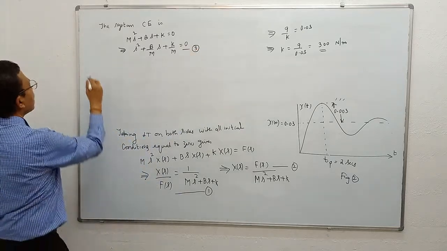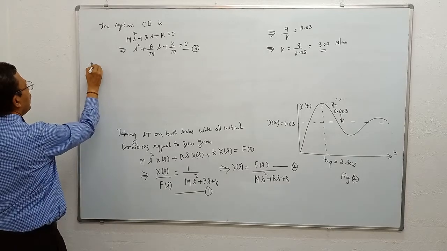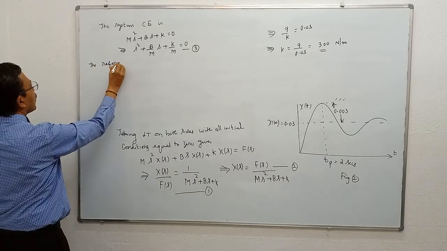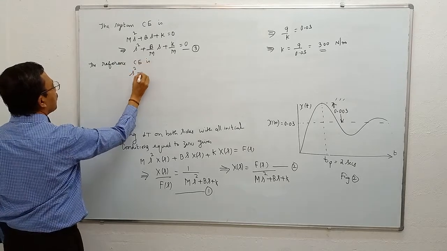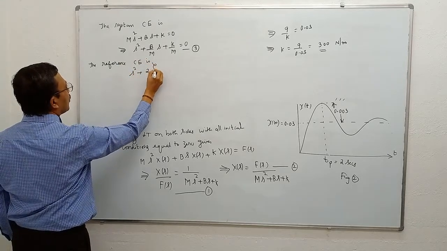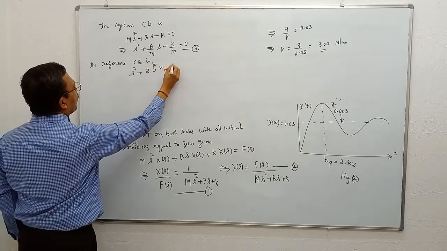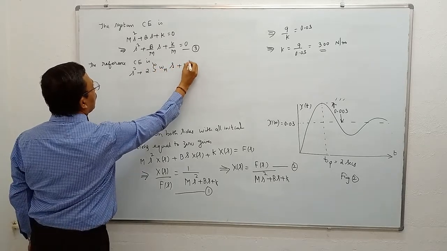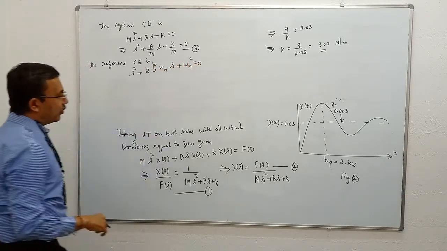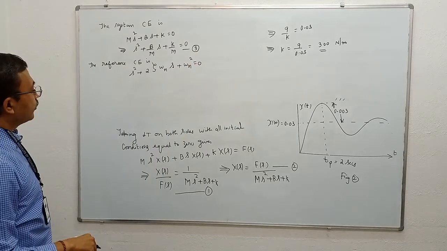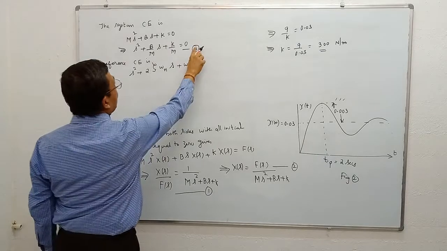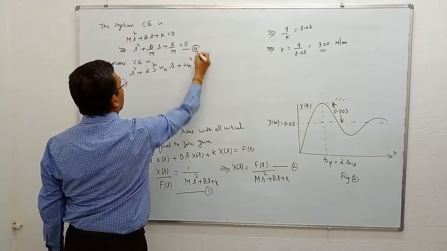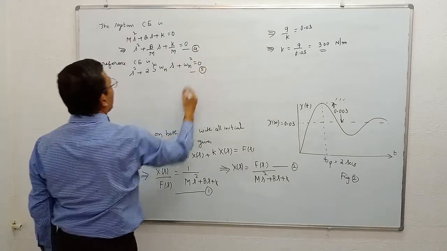The reference characteristic equation is s square plus 2 times zeta into omega n into s plus omega n square equal to 0. This is equation 4, and this I call equation 5.